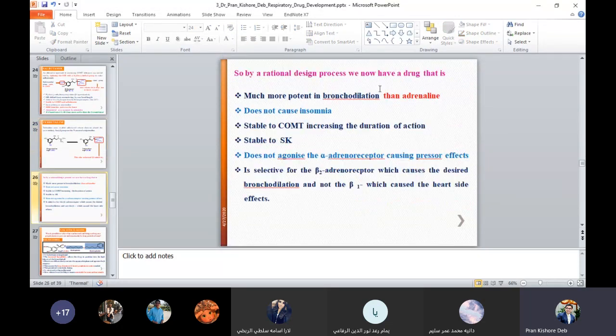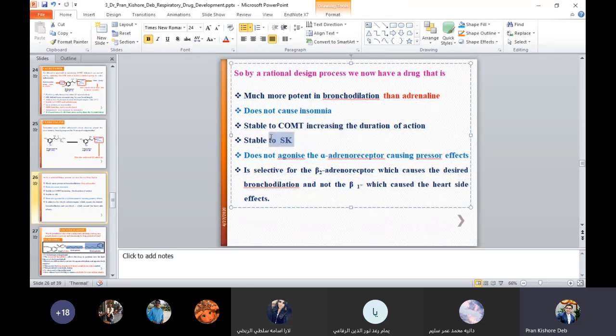All right. So by the rational design process, we now have drugs. We started designing and developing drugs as compared to adrenaline. We now have drugs that don't cause insomnia, are stable to COMT and to sulfokinase, and do not agonize the alpha receptor, which causes the pressor effect.